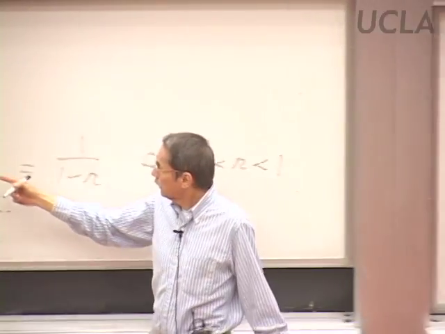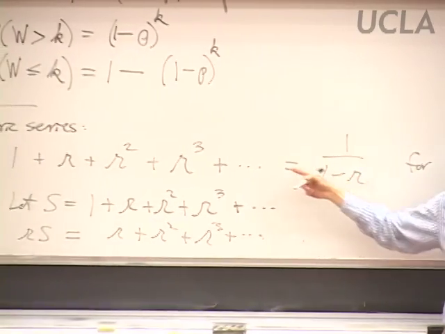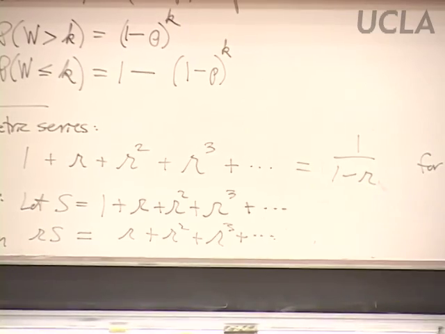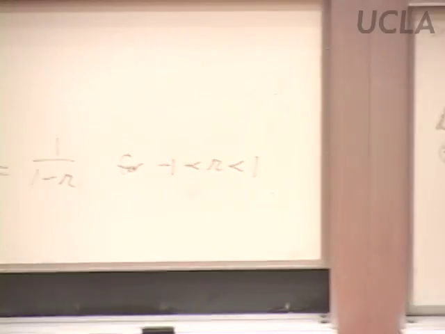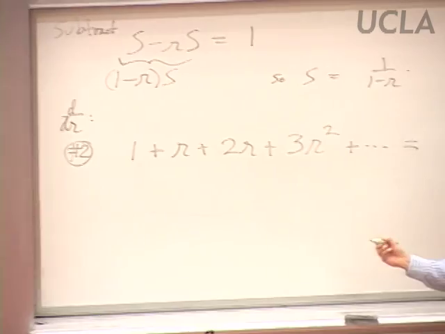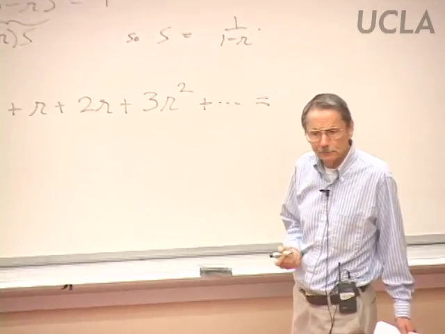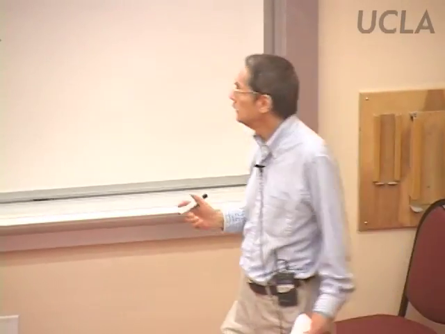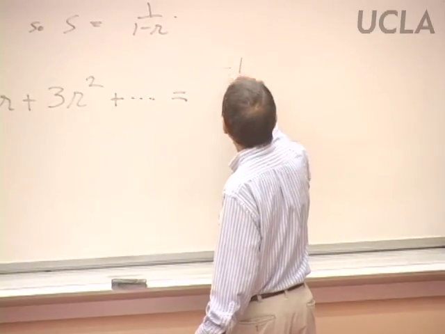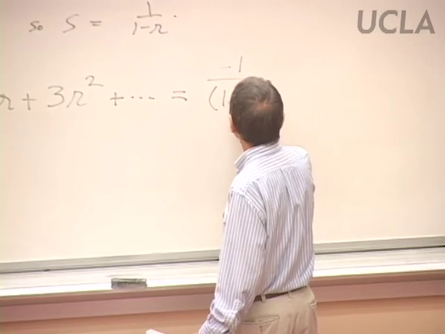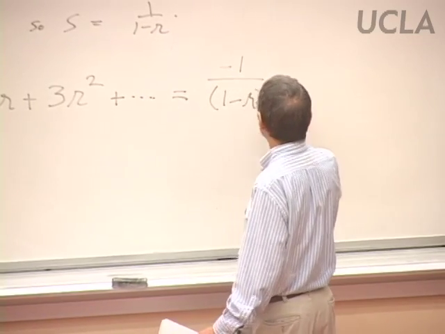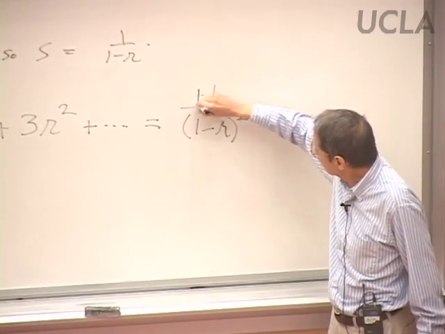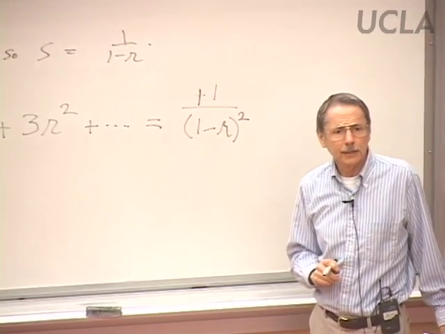Well, if the function of r on the left is the same as the function on the right, they have the same derivatives. And so the derivative of this, first time we've taken a derivative in this class, isn't it? Yeah, so the derivative of 1 over x is minus 1 over x squared. So we have the minus 1 over (1 minus r) squared, and then the chain rule, the derivative of 1 minus r, which is minus 1. So that puts the sign back to being positive.